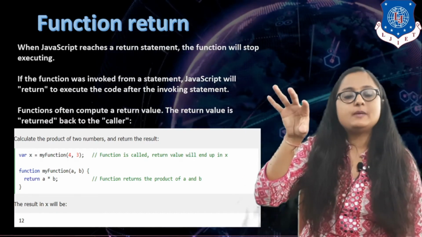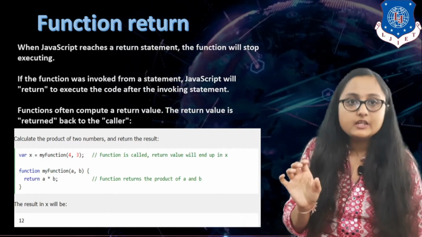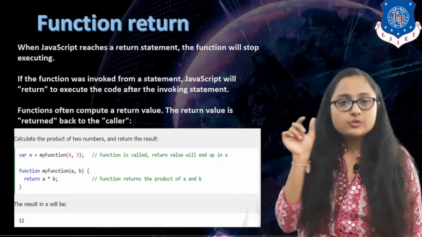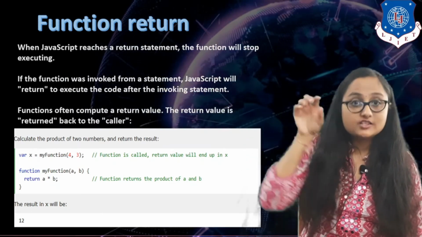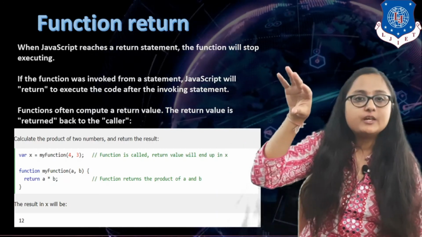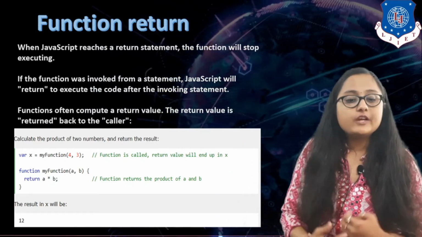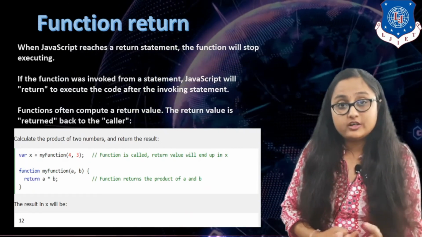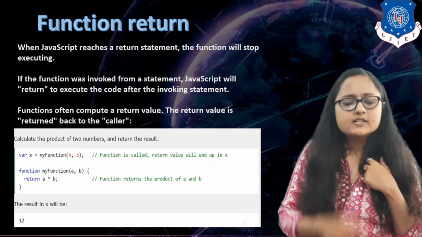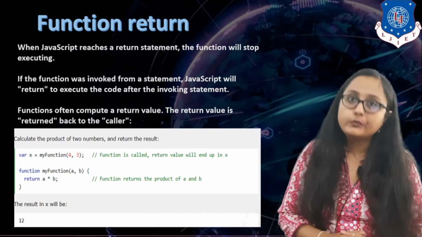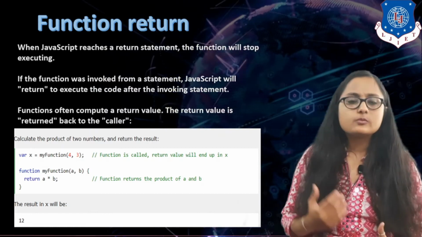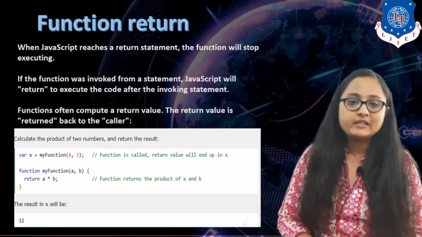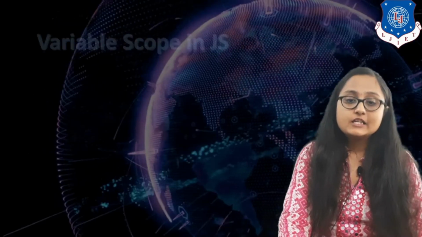So the actual parameter values will be substituted. What will be returned? Return a into b, that is 4 into 3, that is 12. So 12 will be returned, and this 12 value will be stored in the variable x, right? So when you display the variable x using document.write, what is the result that will be displayed? The result will be 12. So this is just the normal procedure of returning that you have already studied in other programming languages, which is also followed by JavaScript.